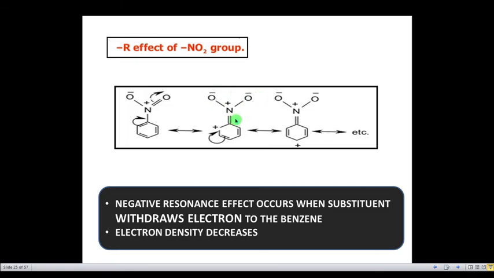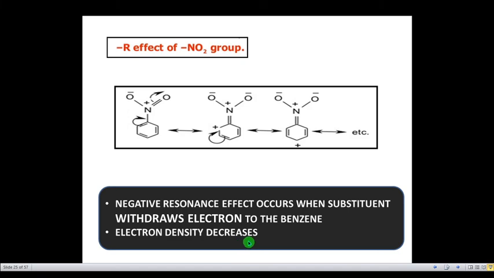We should remember that in the case of the minus R effect, the entire benzene ring system has a positive charge. The positive charge is spread towards the entire benzene ring by displacement. As a whole, if positive charges come over here, it implies that the electron density decreases.